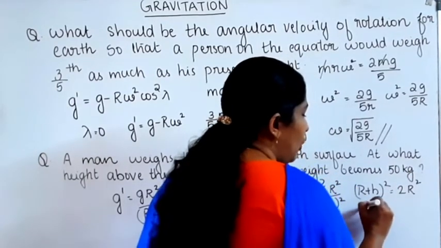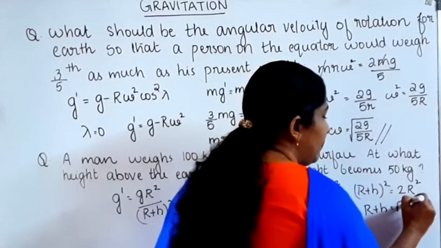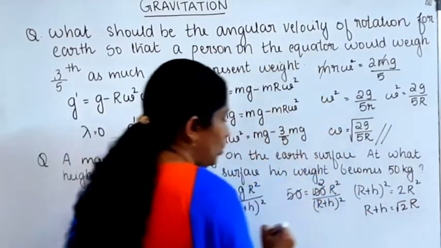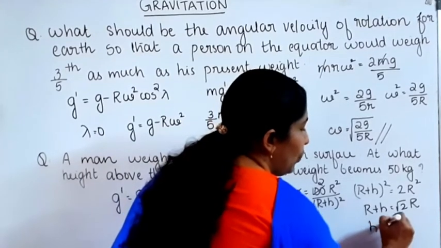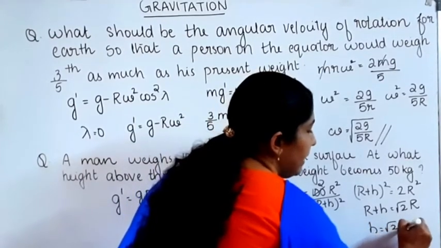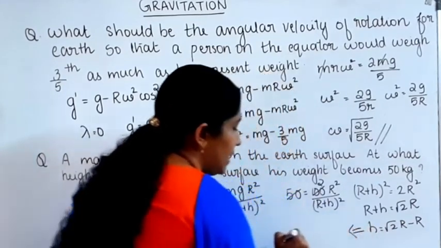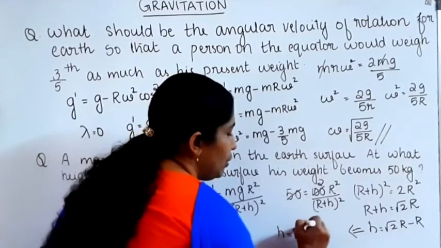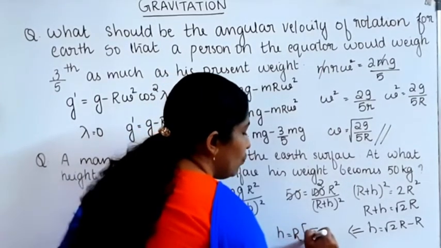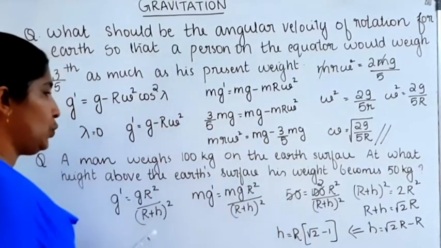From here, R plus h is equal to root 2 R. Then height h is equal to root 2 R minus R. On taking R outside, h is equal to R into root 2 minus 1.